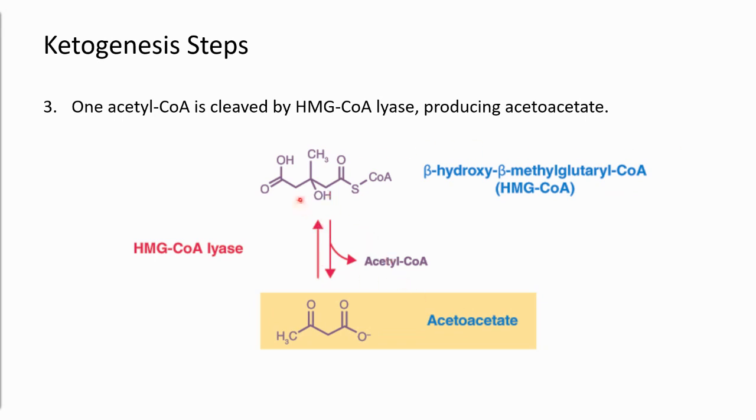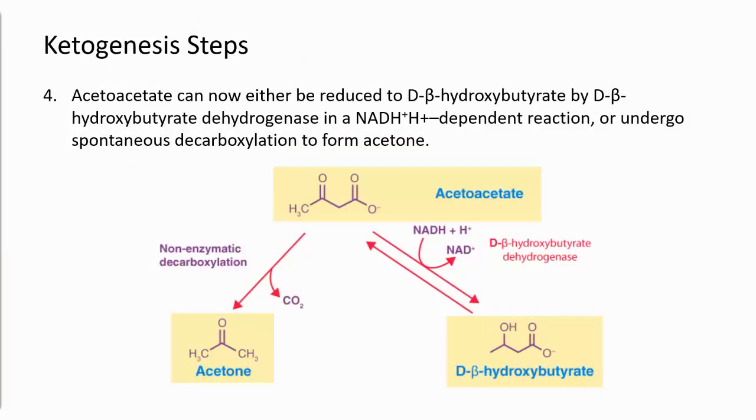Okay, so you're going to remove one acetyl coenzyme A in the system, producing back acetoacetate, and then your acetoacetate now can be utilized to form acetone or D-beta-hydroxybutyrate. Okay, so yan po. So this is actually the final step in ketogenesis.